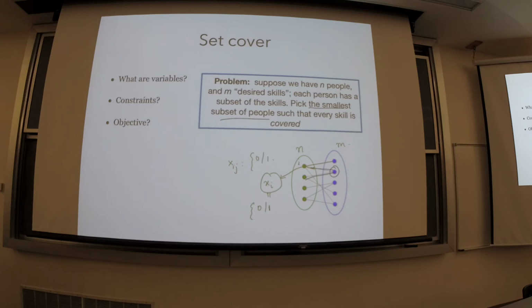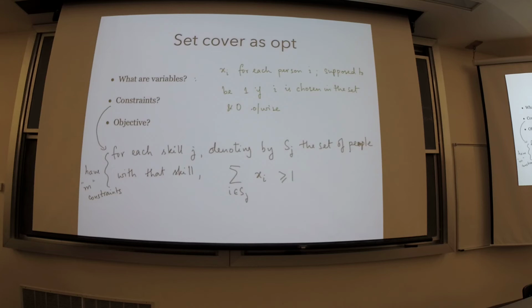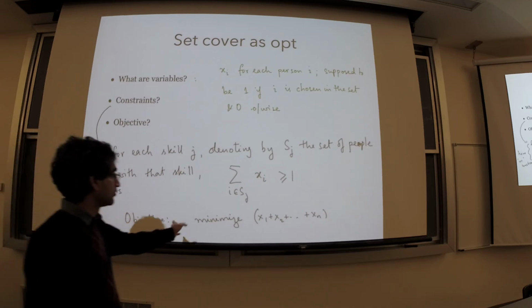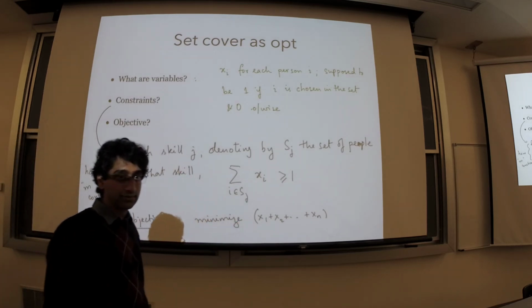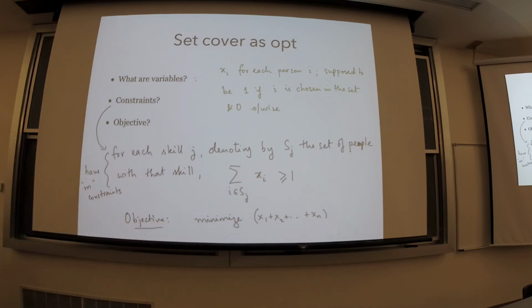So the objective is now very simple: just to minimize x1 plus x2 and so on up to xn. So you just want to minimize the sum over all i of xi. Okay. So this is, I think, a very simple formulation.